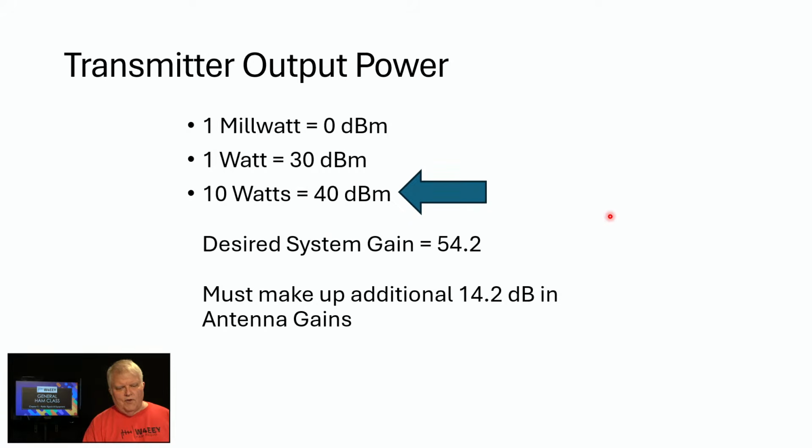This is the ratio. And so remember we said we wanted a desired system gain of 54.2. So we've got to come up with an additional 14.2 dB somewhere along the line in antenna gains.